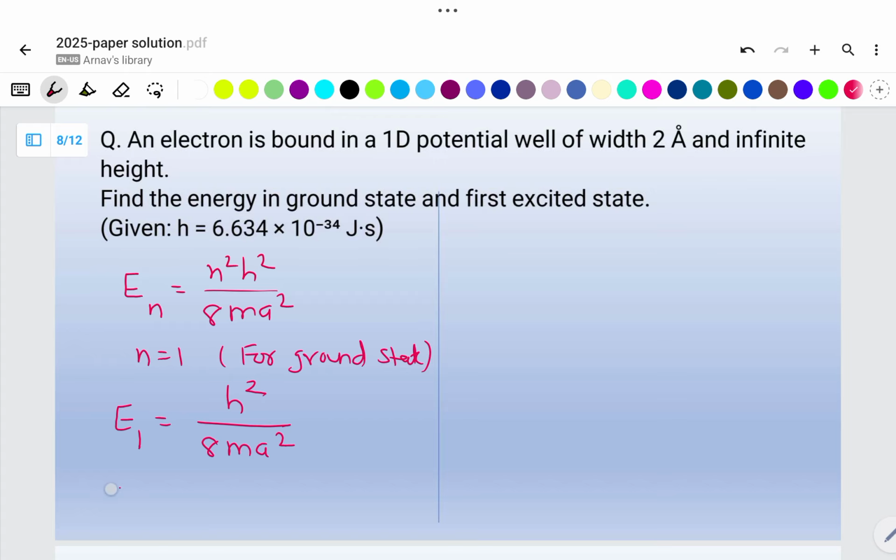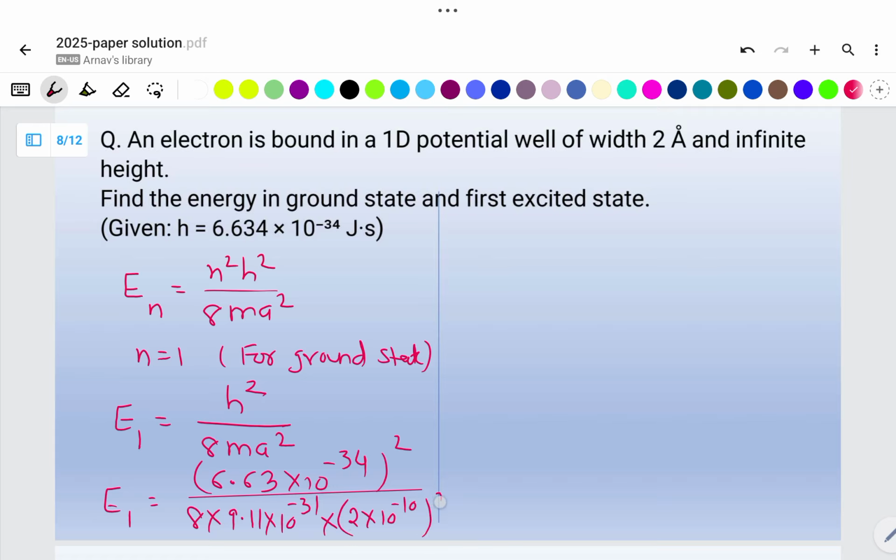So when we substitute, h is 6.63 into 10 to the minus 34, squared, divided by 8 into mass, 9.11 into 10 to the minus 31, and the width is given as 2 Angstrom, which we convert to meter, so 2 into 10 to the minus 10 meter, squared.